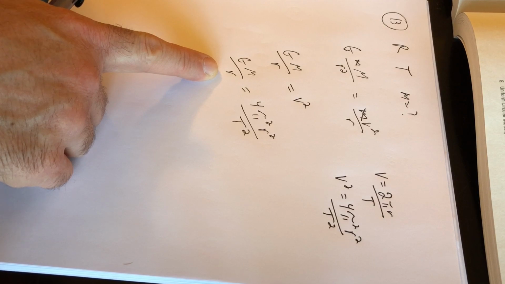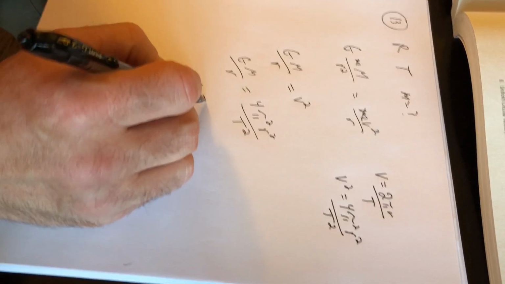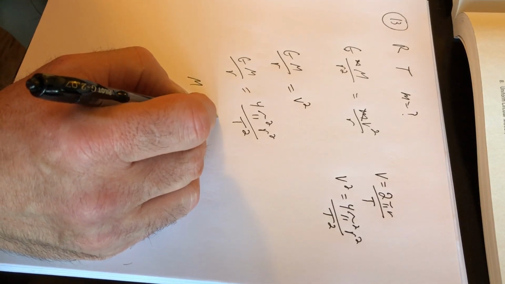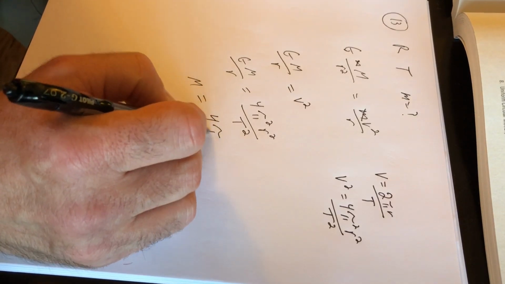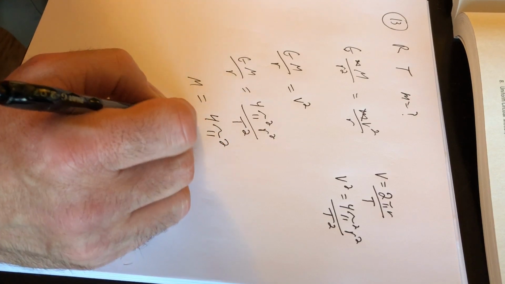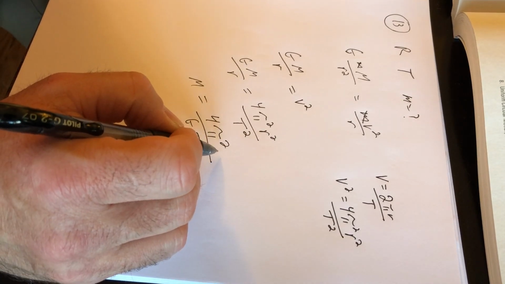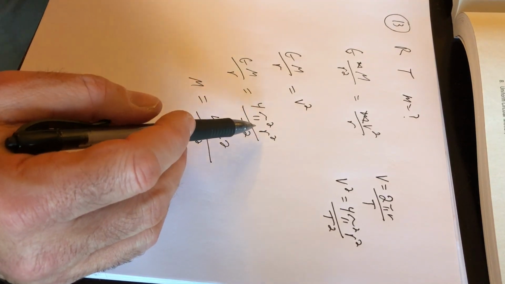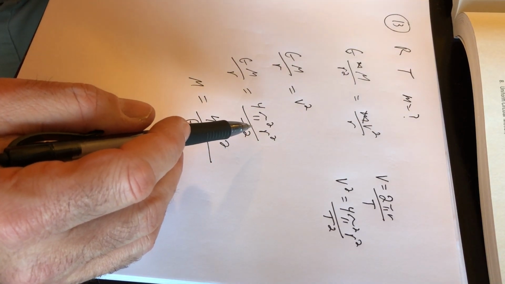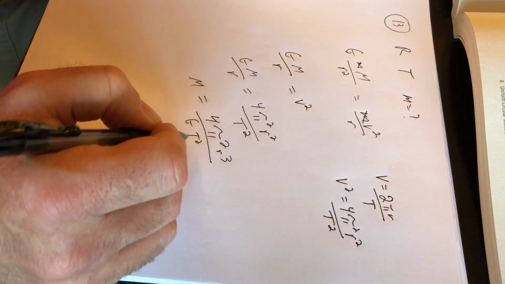So I get the mass is equal to 4 pi squared G over t squared. Now why am I getting r cubed here? Oh yeah, over r cubed. Is that one of the choices?